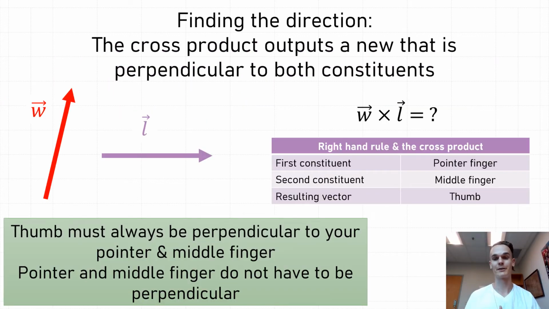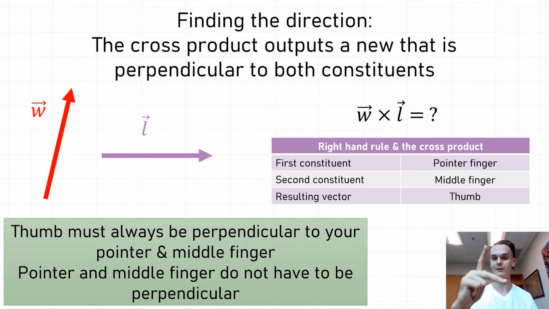In order to determine the direction of the vector outputted by the cross product, we're going to use the right-hand rule. The right-hand rule utilizes our thumb, pointer, and our middle finger. In the cross product, we place our first constituent on our pointer finger. So we place vector W on our pointer finger.